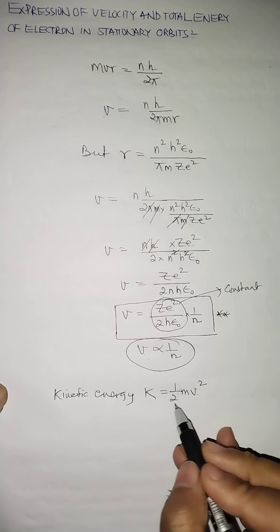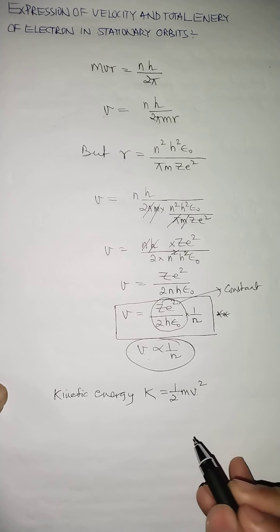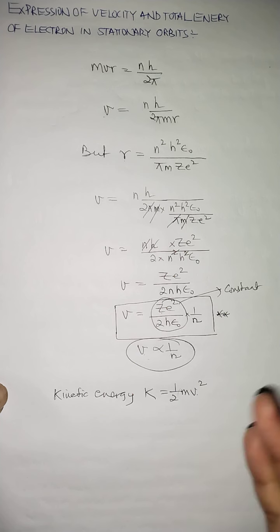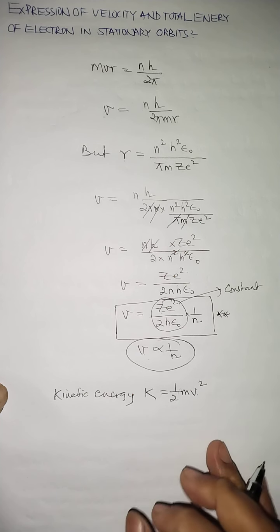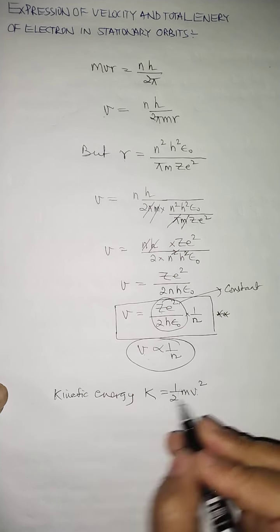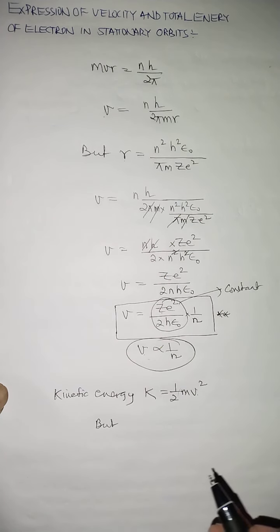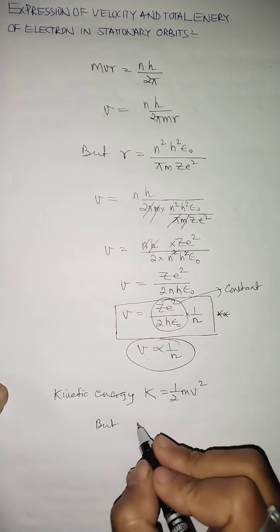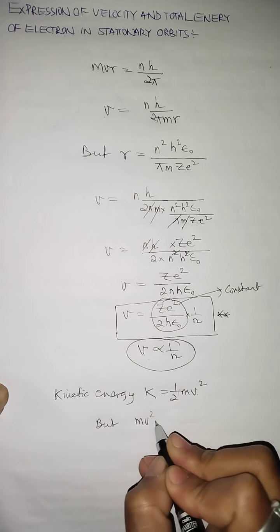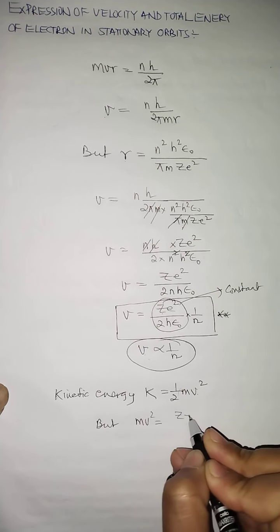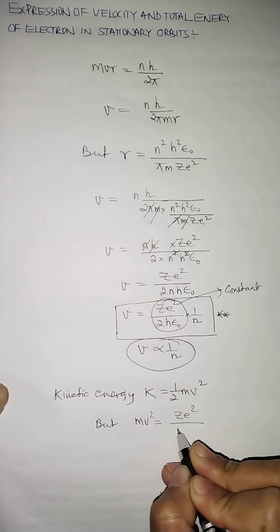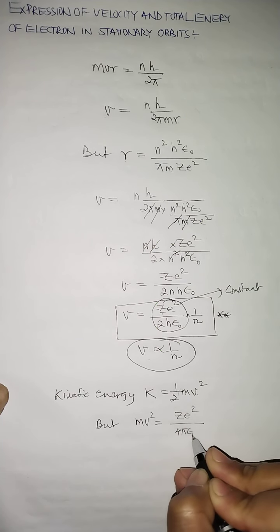Now this expression of kinetic energy can be expressed in terms of the atomic number. One of the first equations that I derived in the last YouTube video is mv square equals Z square by 4 pi epsilon naught r.